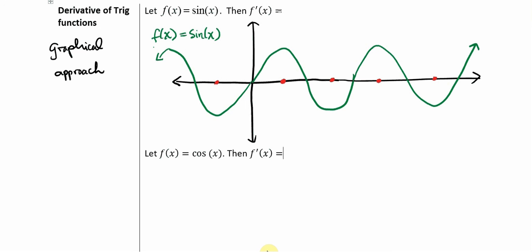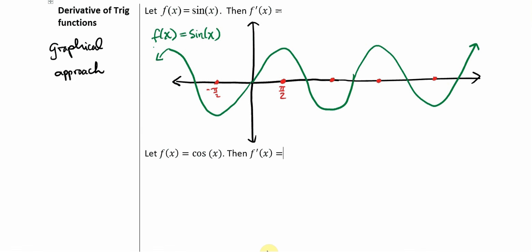And so let's start by drawing what the function looks like. If you look at f, it has a positive slope between negative pi over 2 and positive pi over 2. That means f prime must have positive values.